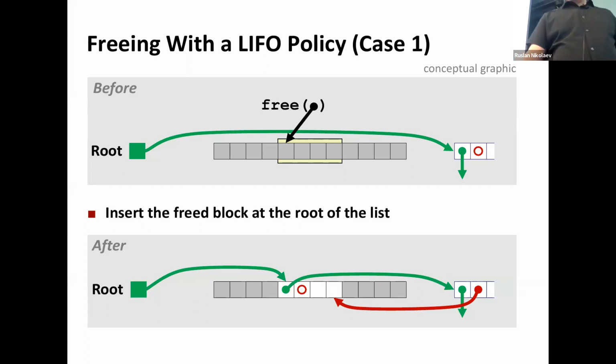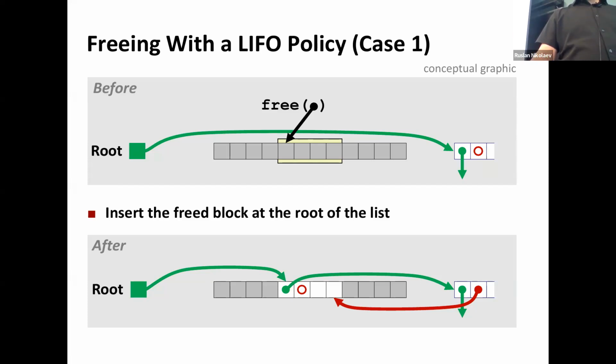So how do you free a block with a LIFO policy? Well, let's say we have this free, and maybe the neighboring nodes are already allocated, so they're also marked as allocated, but now I'm freeing a block and have to insert it into the free list. So now the root of the list, the pointer, is going to get updated.